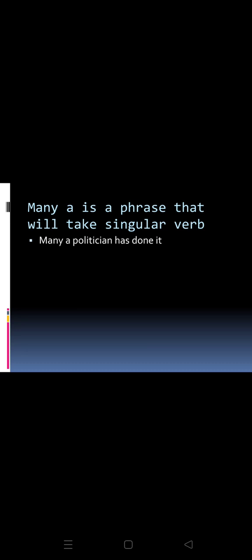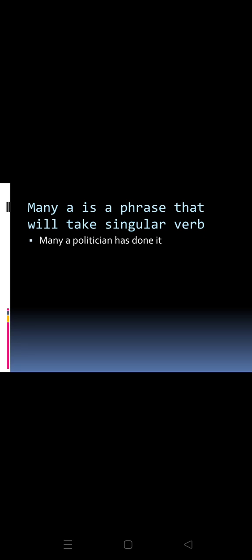"Many a" is a phrase that will take a singular verb. Though the phrase actually refers to more than one, it is a rule that if such a phrase comes, it will always take a singular verb.